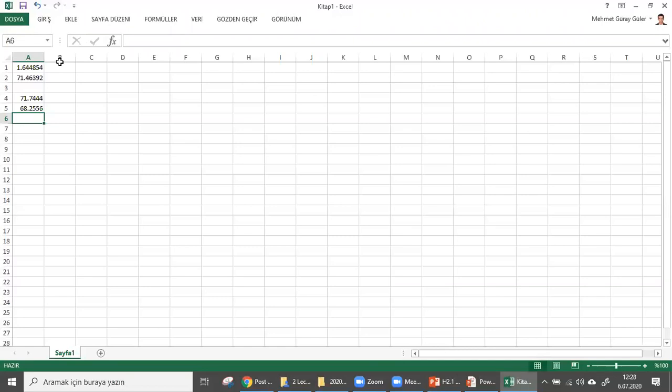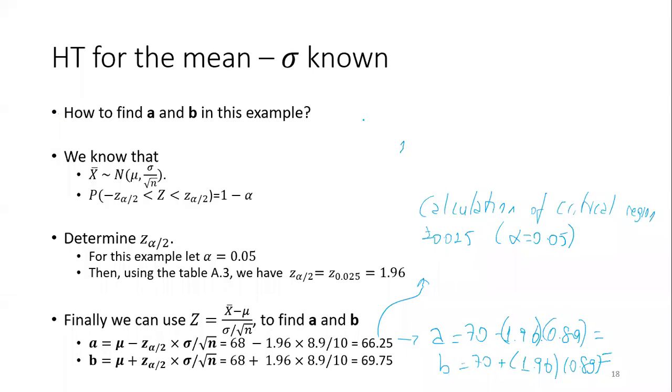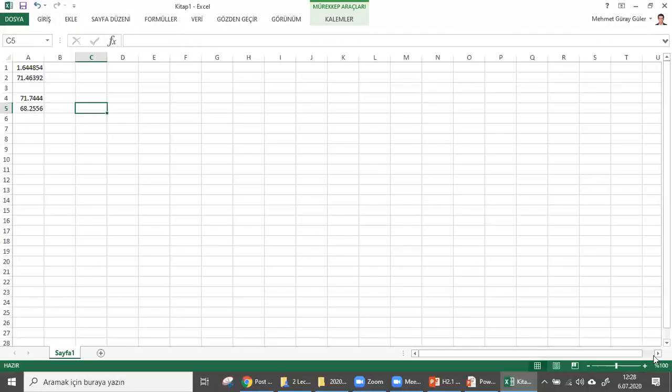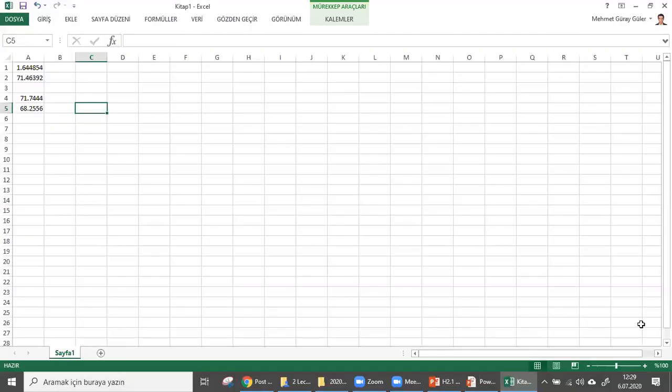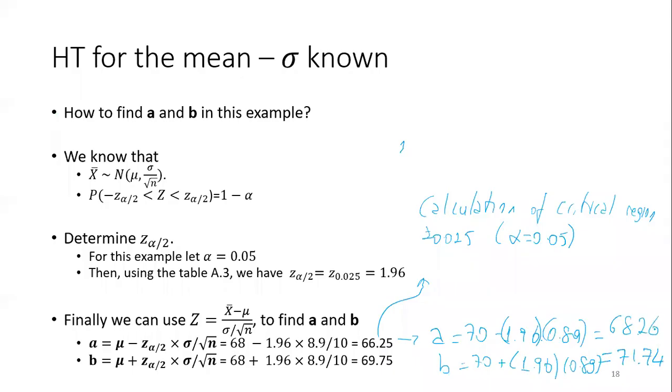So this is 71.74, okay? And the other one is 68.26, okay? So these are the A and B for, again, alpha equal to 0.05.